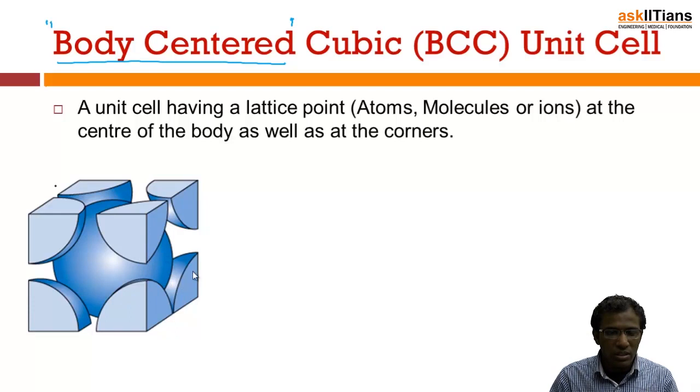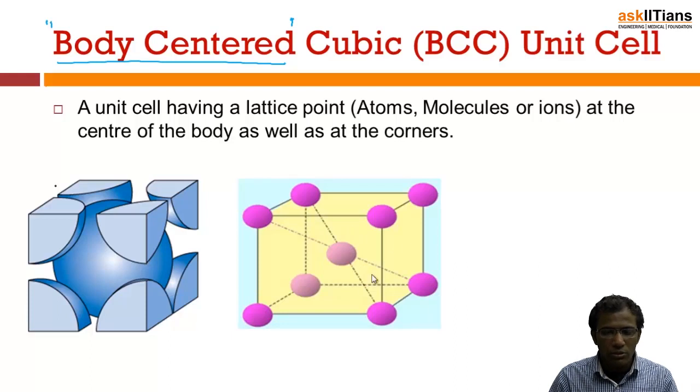So here you can see we have particles present at corners. So total we have 1, 2, 3, 4, 5, 6, 7, 8 particles that are present at the corners, and we also have a particle, a big sphere, which is present at the center of the body, right? You can also see here, there's one more extra particle that is present at the corner.